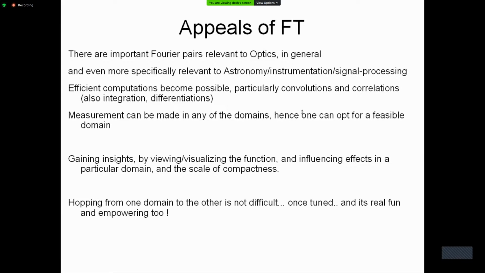It also makes it possible that measurements can be made in any of the domains, and hence one can opt for a feasible domain in which measurements are possible. The classic example of that, in the context we are presently discussing, is synthesis imaging. I generally call it, in a lighter vein, that there is a saying in Hindi: जब सीधी उंगली से घी नहीं निकलता है उंगली टेढ़ी करनी पड़ती है.